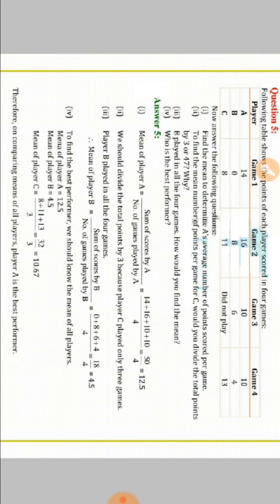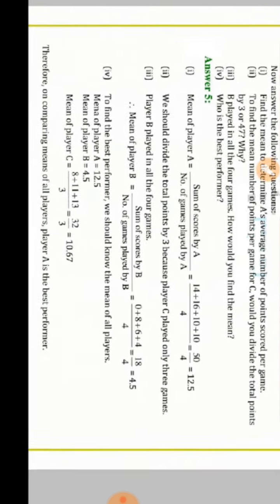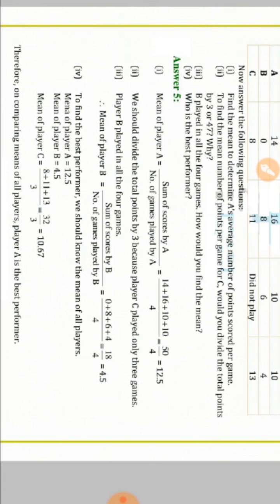Next, to find the mean number of points per game for C, would you divide the total points by 3 or 4?